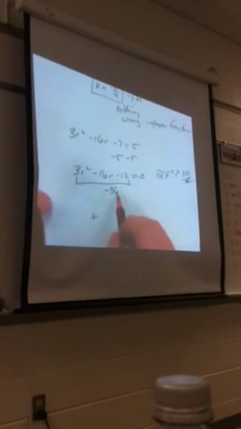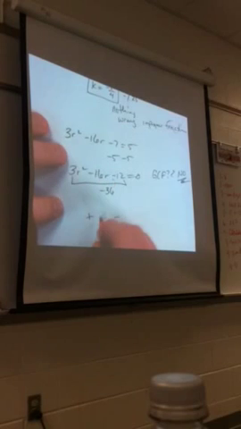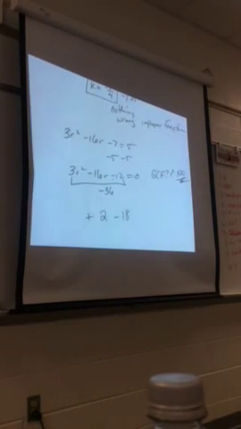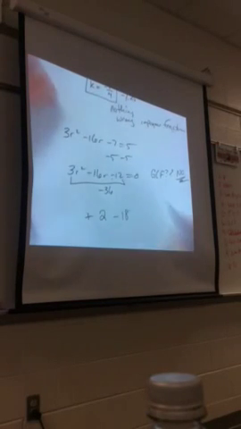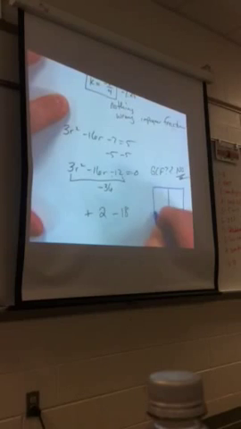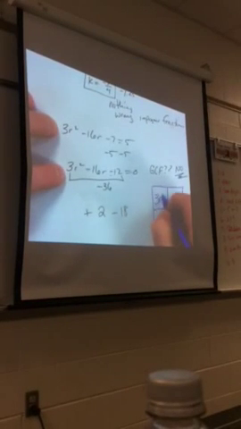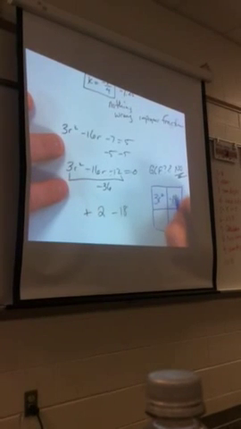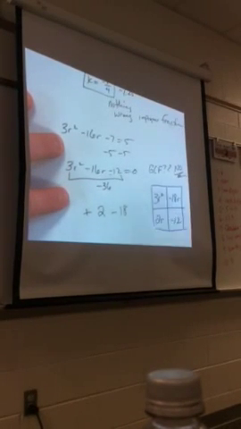Now, the factors of 36 that give me negative 16: positive 2, negative 18. So I put first term in first column, last term in last column, and then I put these wherever. So negative 18r and then 2r.